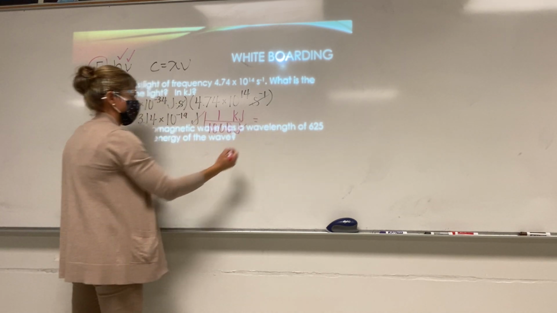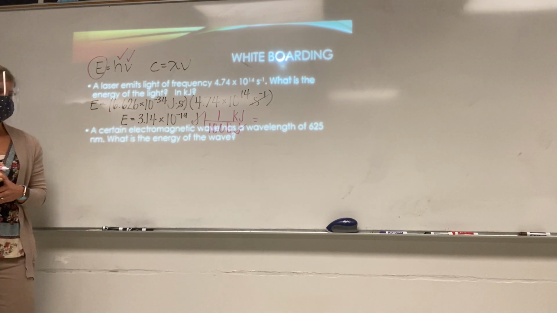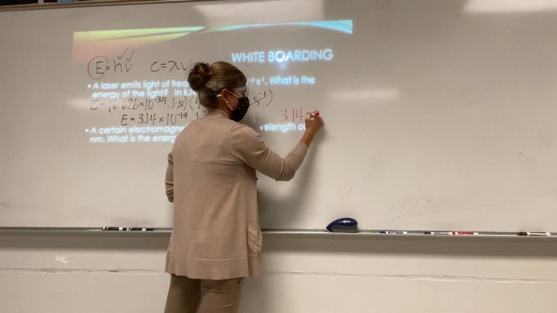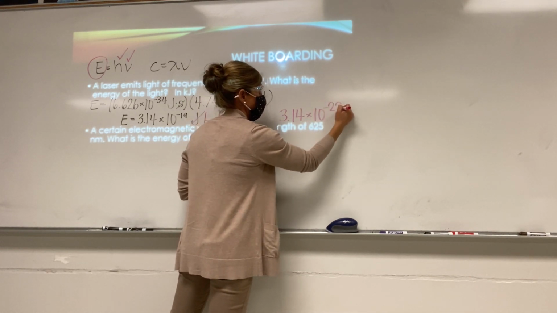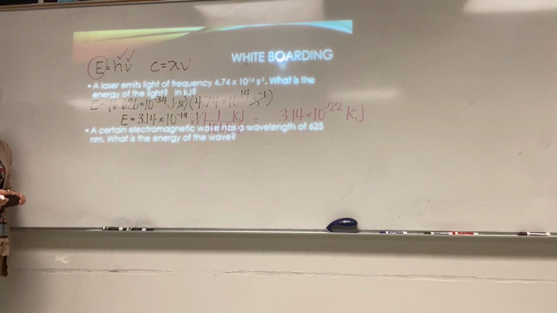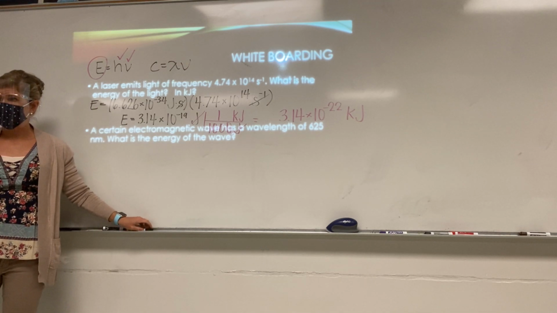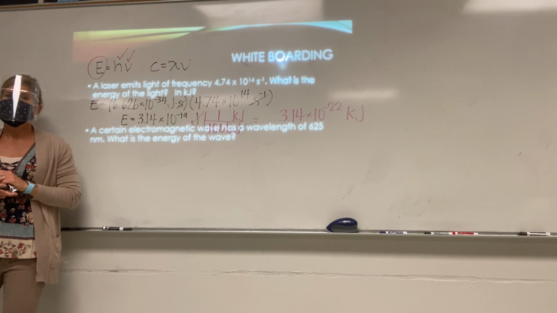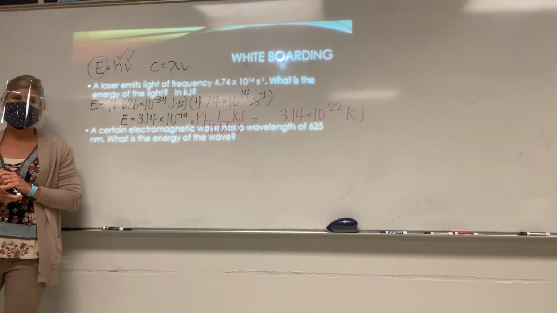Joules will cancel, and then I'm set up. 3.14 times 10 to the negative 22nd kilojoules. Any questions on that one? So we only need one formula there. Okay, so write out the formulas, then you'll be able to see which steps you're going to take.